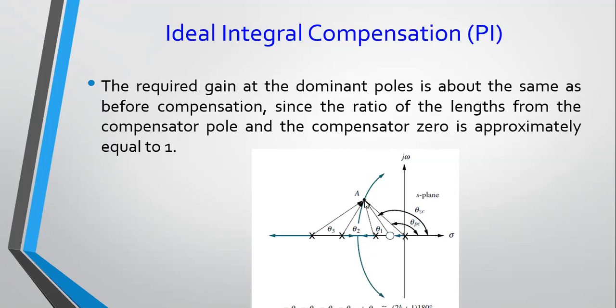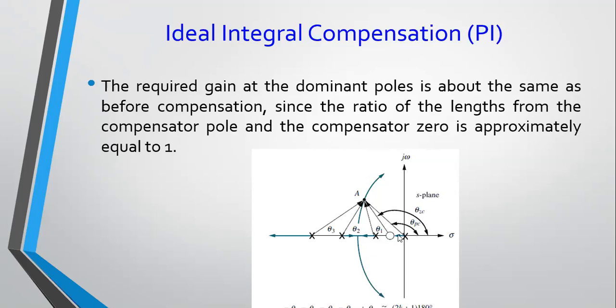In this case, another way to look at why these two have to be as close to each other as possible is that the closer they are, the lengths of the two vectors, one from the pole and one from the zero, would be almost equal. So if you think of the computation of that gain k, these two lengths will cancel out. This is another way to look at it.